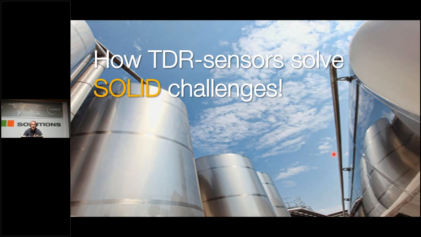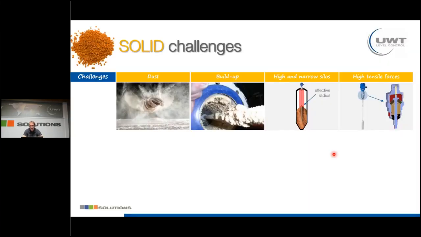So we now talk about the challenges in solid applications. We now know how this measurement technology works, and now what are the typical challenges in solid applications. So here are 4 points. Most of the applications can be a very, very dusty environment.